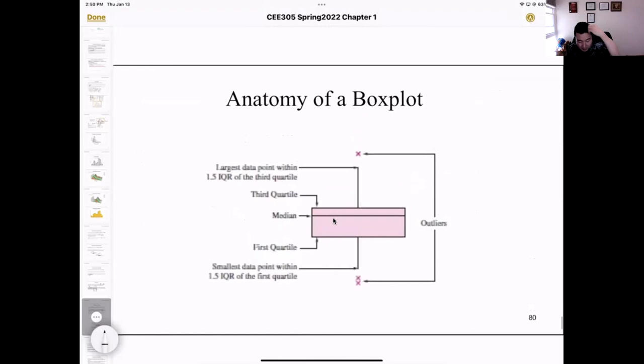All right, this shows an example of a box plot. This line is the median. This line is the third quartile, and this is the first quartile.